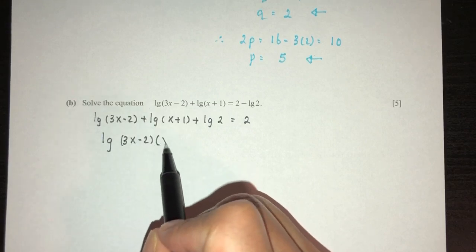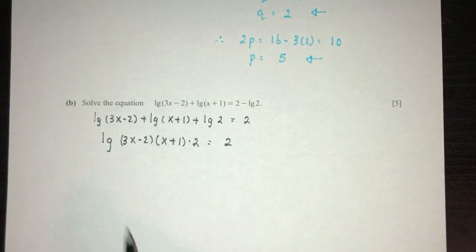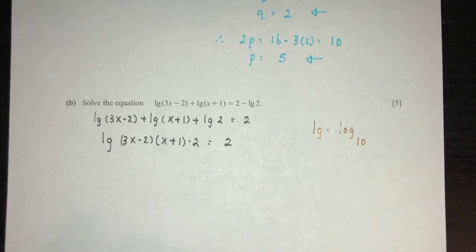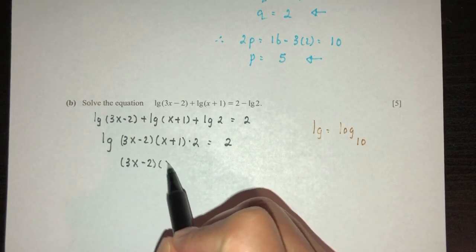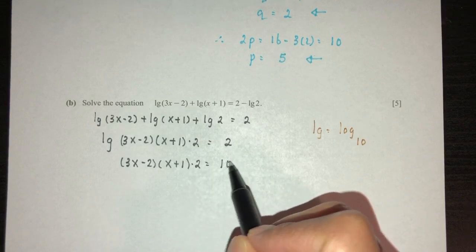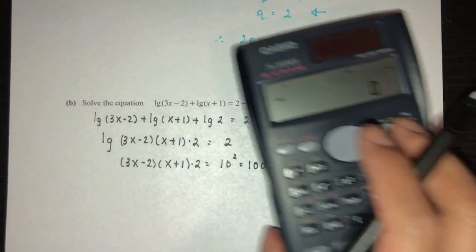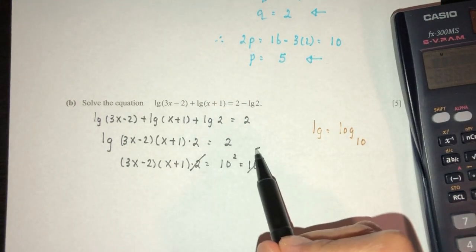Plus means multiply, you have this, plus again multiply, you'll have 2. Now to eliminate log, you have to understand that log is log to the base of 10. So to send this over here, you will have 3x minus 2 times x plus 1 times 2 is equal to 10 power 2, which is 100, right? If you check, 10 squared is 100. Now divide by 2 on both sides, it will become 50.